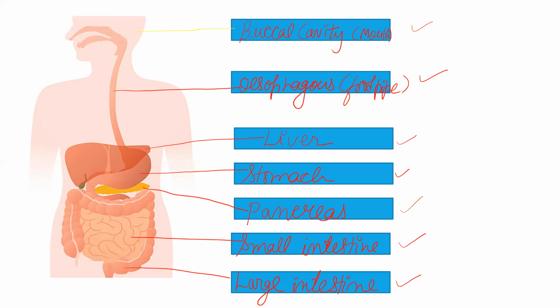And large intestine is the last part of the digestive or alimentary canal, and in this large intestine no digestion takes place, but absorption of water will take place, and the alimentary canal is in continuous movement, and due to this continuous movement, the food is going from one part of the alimentary canal to the other one.